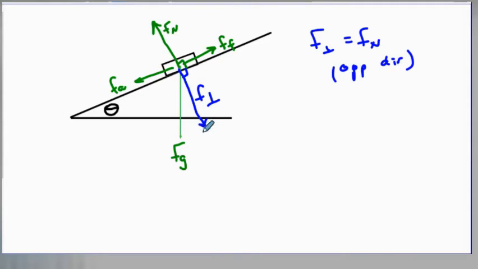The other thing we have is what's called a parallel force. And if we make this right angle triangle here, we can see this force here, this force parallel, so let me write those things out. This is perpendicular.